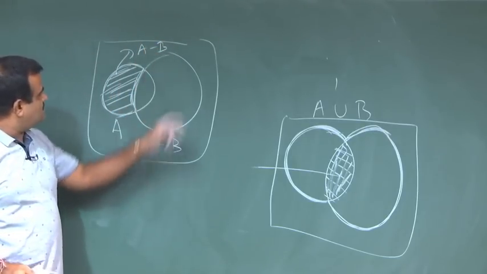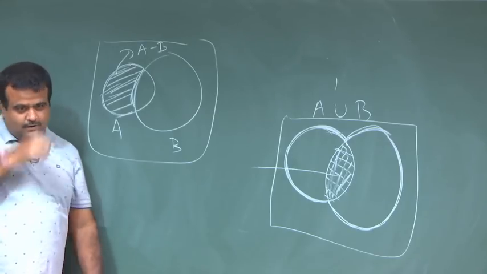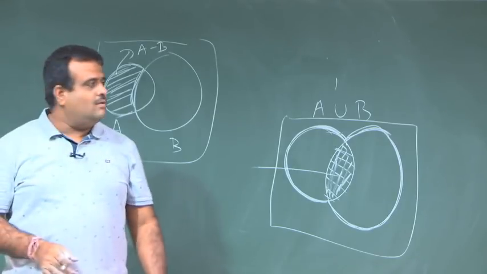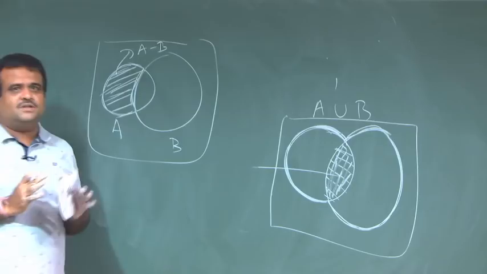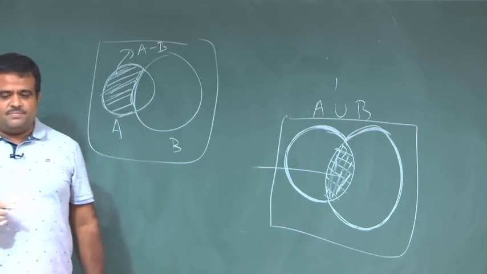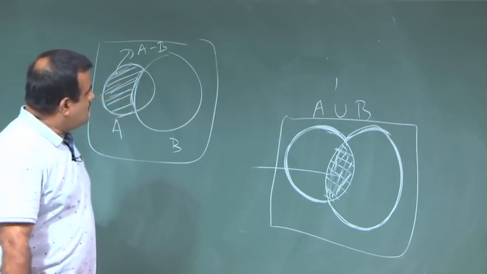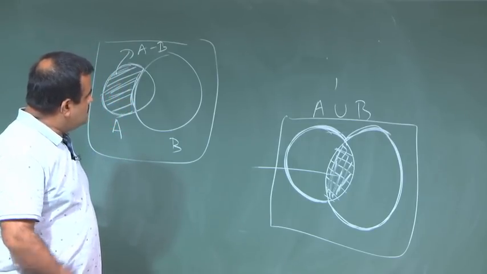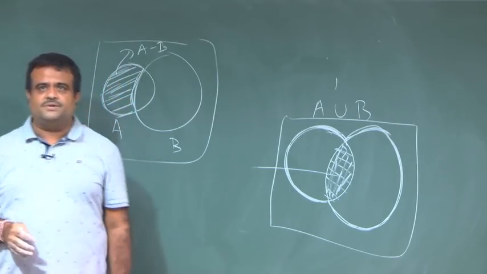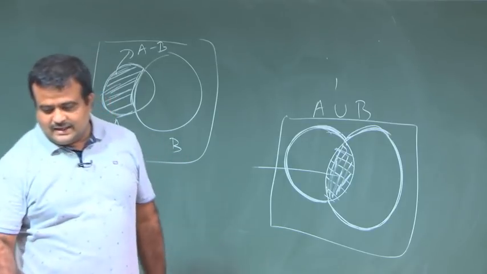And similarly, this set is B minus A. This way we represent it, and this representation is called Venn diagram representation. This is one of the pictorial ways we can represent a set.